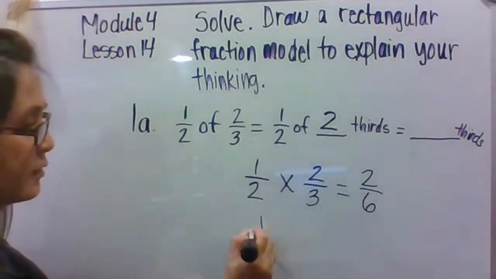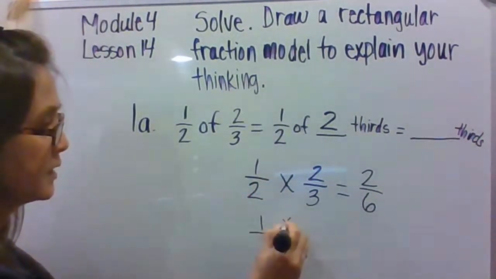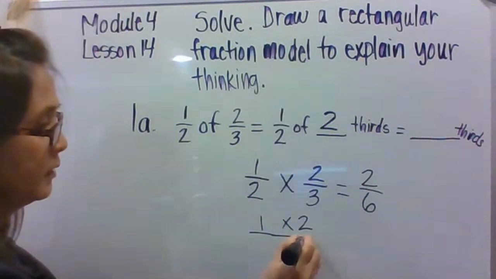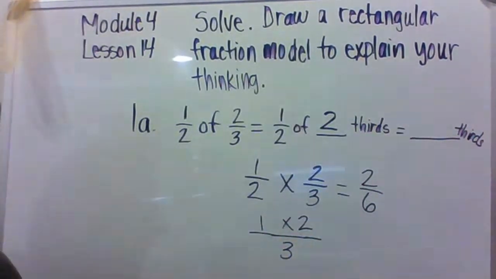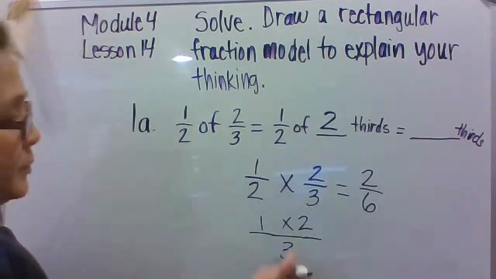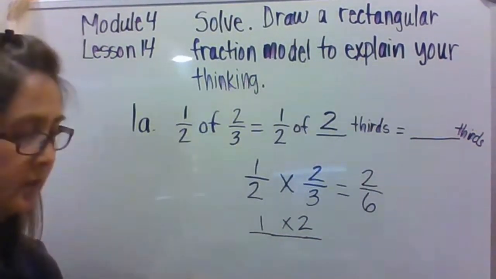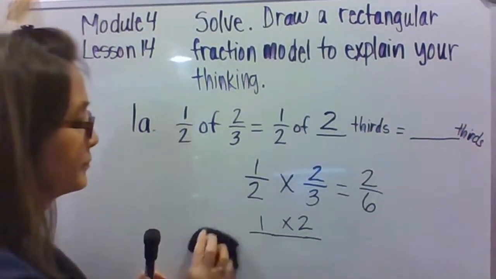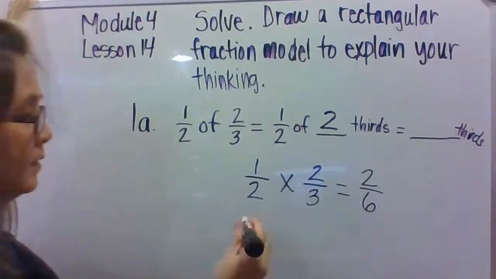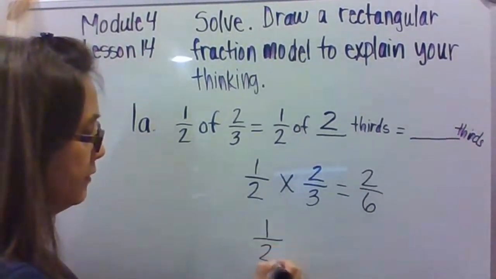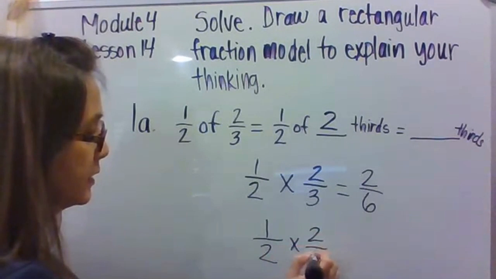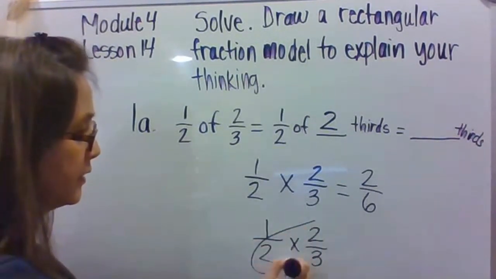On Zern, you guys have seen it written like this. 1 times 2 all over 3. Whoops. Let me try that again. 1/2 times 2/3. So you can see right here, these two numbers.